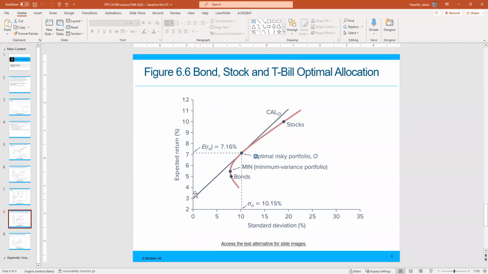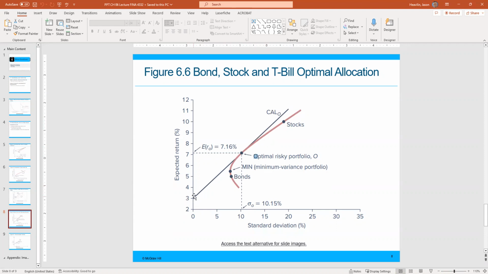So bringing in a risk-free security allows you to reach outside the efficient frontier, which we earlier called unattainable. Now you can.